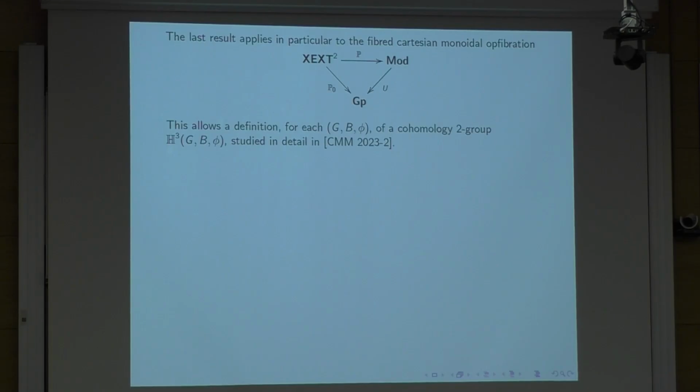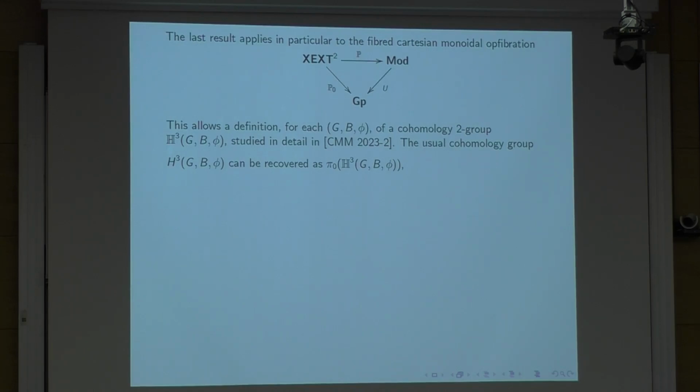So if we apply these results, then we can define for each G module B a cohomology 2 group, that we studied in a paper in 2023. And what happens?